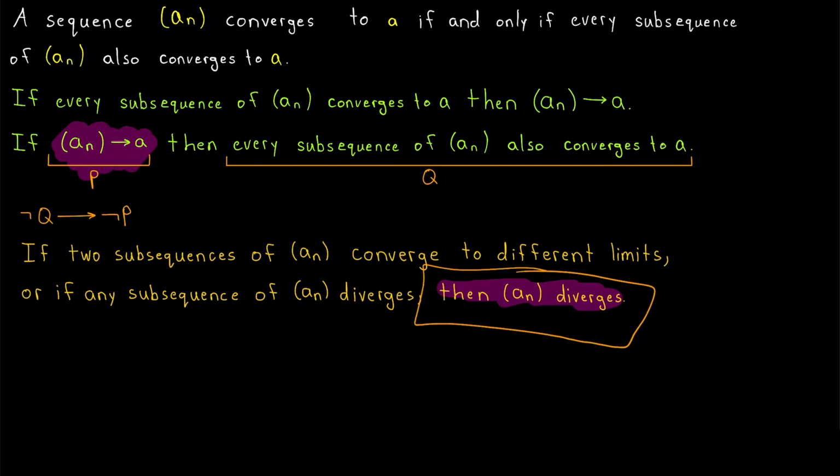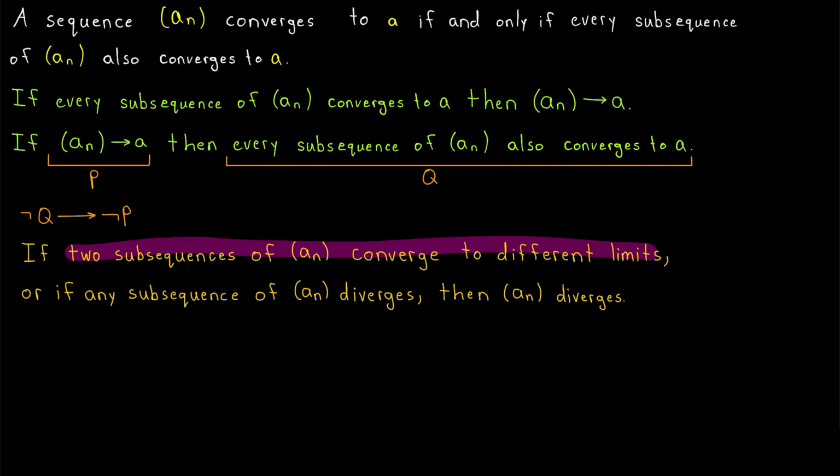That's not P. Not Q is a little bit more complicated. Q is the statement that every subsequence converges to the same real number, A. And there are two ways that could be false. The first obvious way is if two subsequences converge to different limits. Q is the statement that every subsequence converges to the same limit, so if two subsequences converge to different limits, well, that would definitely make Q false.